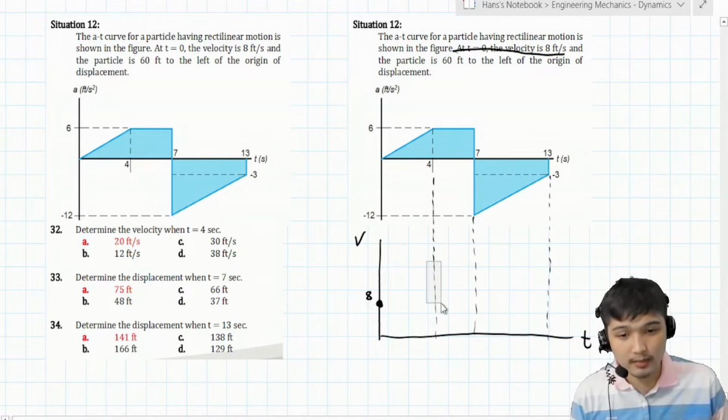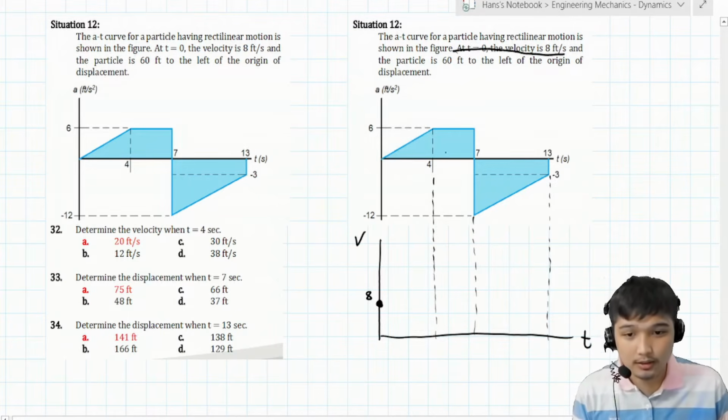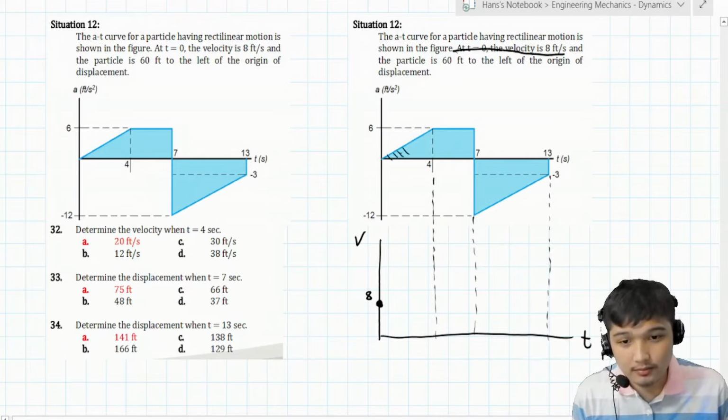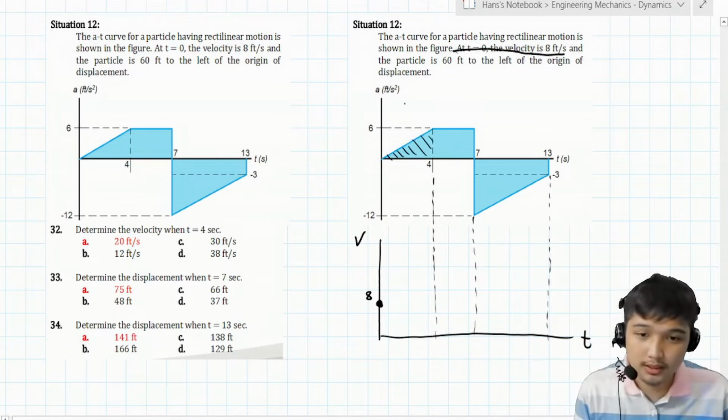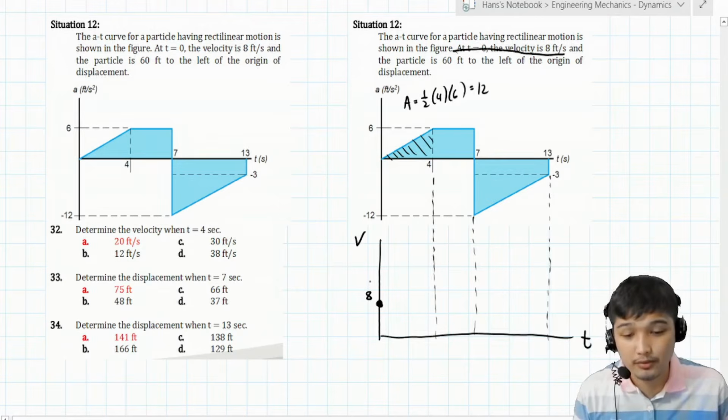After 4 seconds, paano natin makukuha yung velocity? We just have to add this area. Now, kunin natin tong area nito. So, what is that? Area is 1/2 base is 4, height is 6. So I think that is 12. And therefore, 8 plus 12, so that is 20.